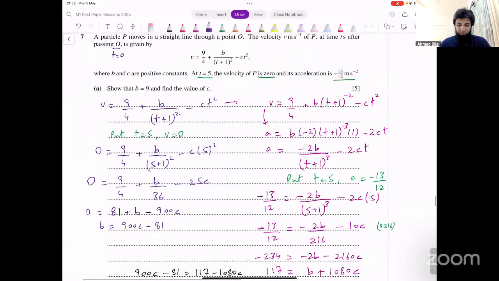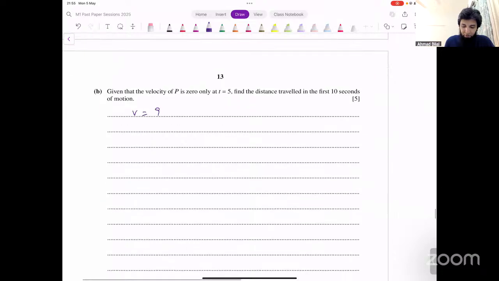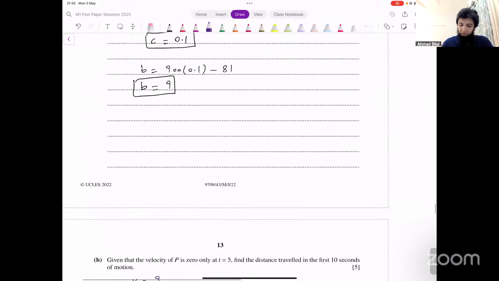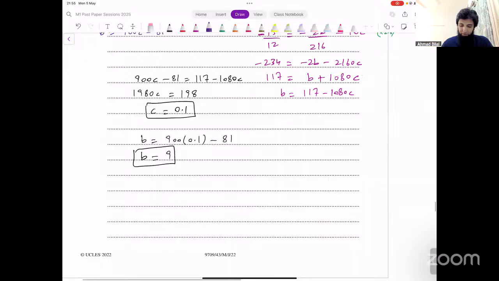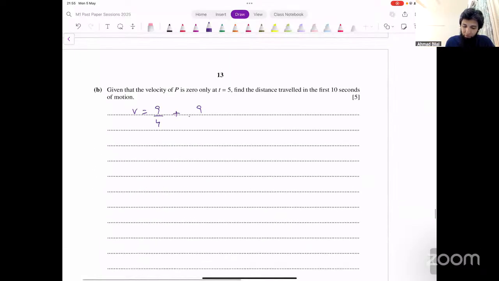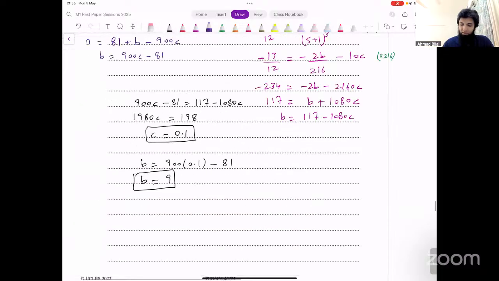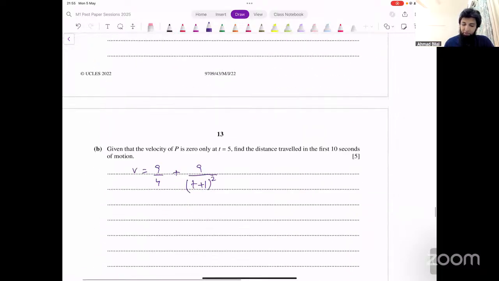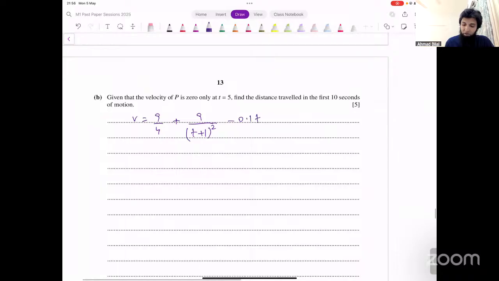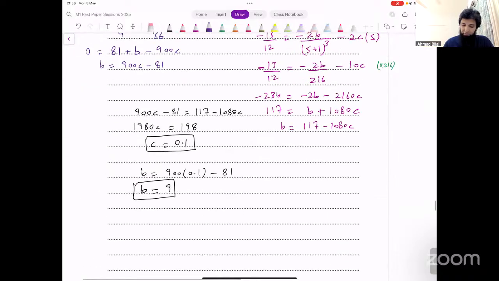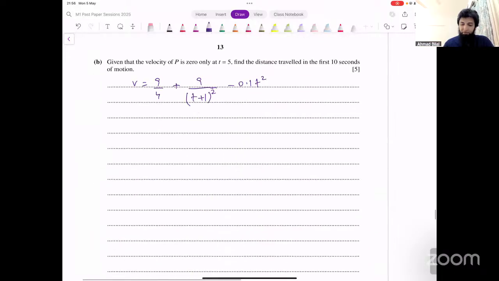What's the velocity function? Velocity function is 9 over 4 plus b over (t plus 1) whole squared. b was 9, so that's 9 over (t plus 1) whole squared minus ct squared. That means minus 0.1 t squared. That's the velocity function.